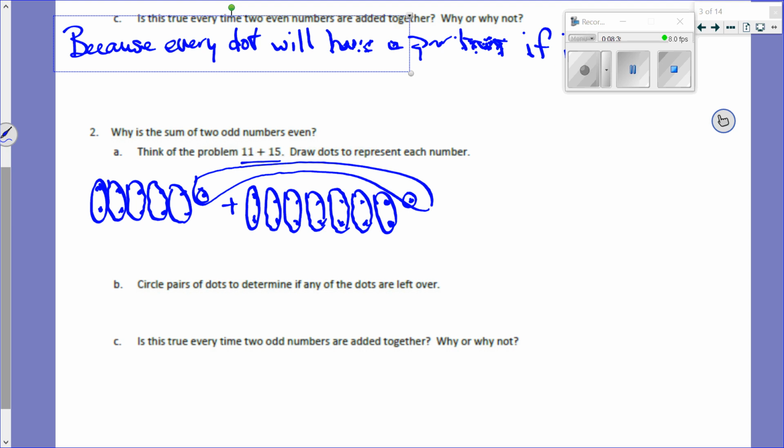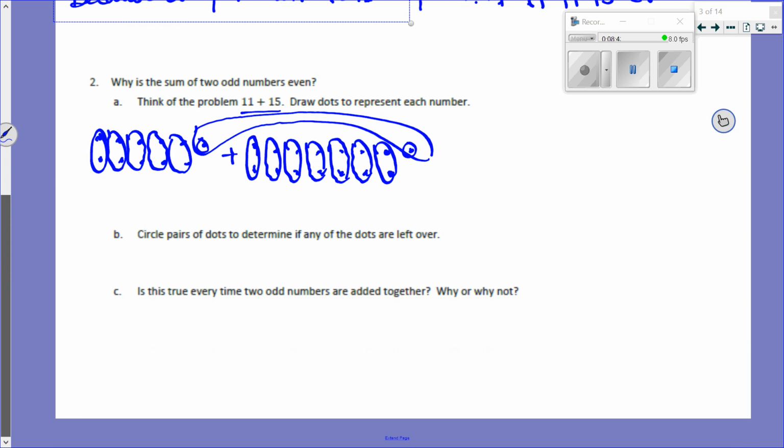No. So why is it that every time I add 2 odd numbers, the answer is even? Allie? Because you can always bring the one that's left over onto the other side to make another pair. Does that make sense? Yes.